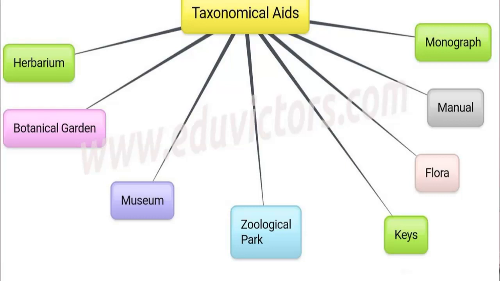Flora contains the actual account of habitat and distribution of plants of a given area. Manuals are useful in providing information for identification of names of the species found in an area. Monographs contain information on any one taxon.